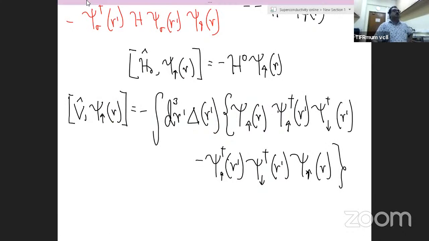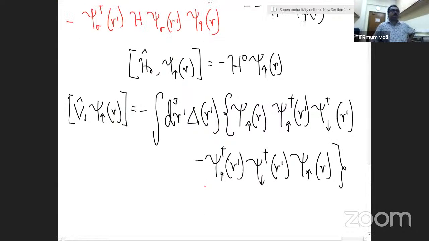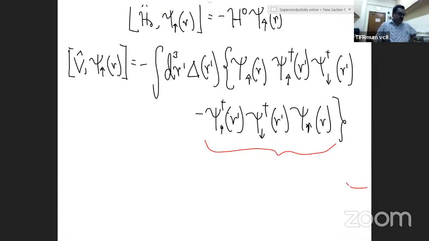Let me now just work with the second term. This is the term that I have to work with. I apply one commutation first, a simple commutation between the last two psis.